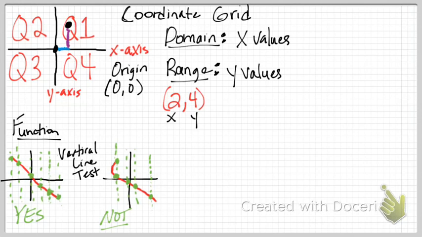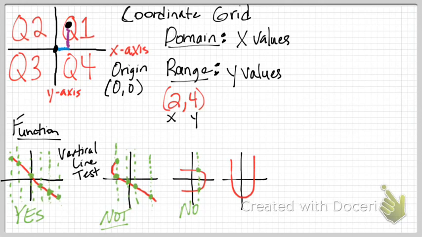Now a typical graph that you'll see is maybe something like this. Is that considered a function? No. Why? Because if I do my vertical line, it's going to hit it twice. So that's a no also. Let's say we have one that looks like this. Would this be considered a function?